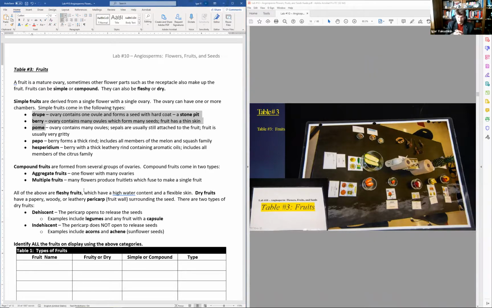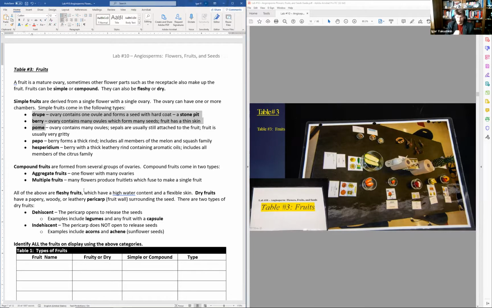Okay, so essentially we're looking at the 5 different types of fruits: fleshy simple, fleshy aggregate, fleshy multiple, or dry dehiscent, dry indehiscent.